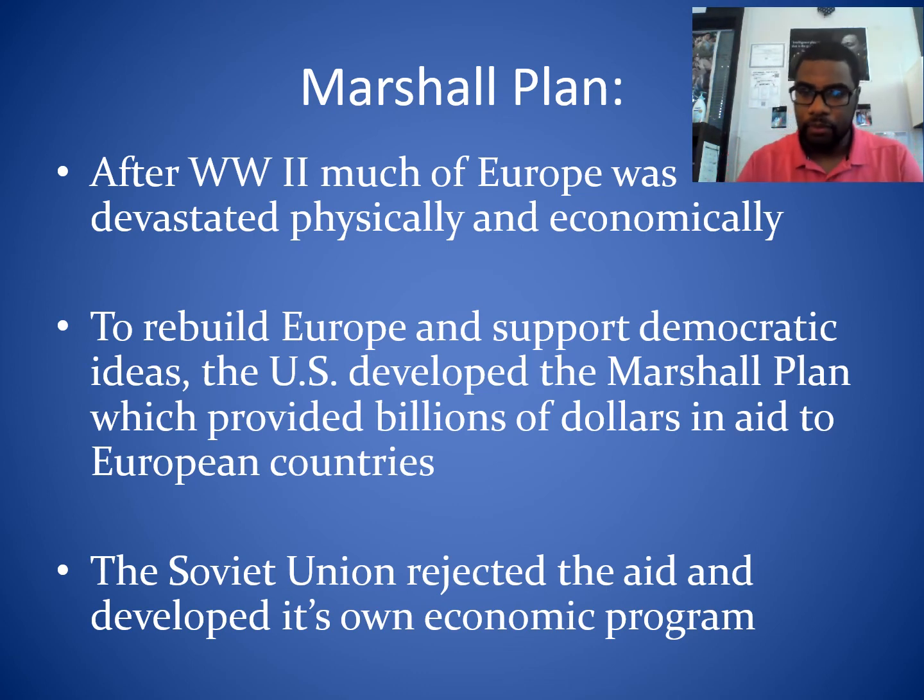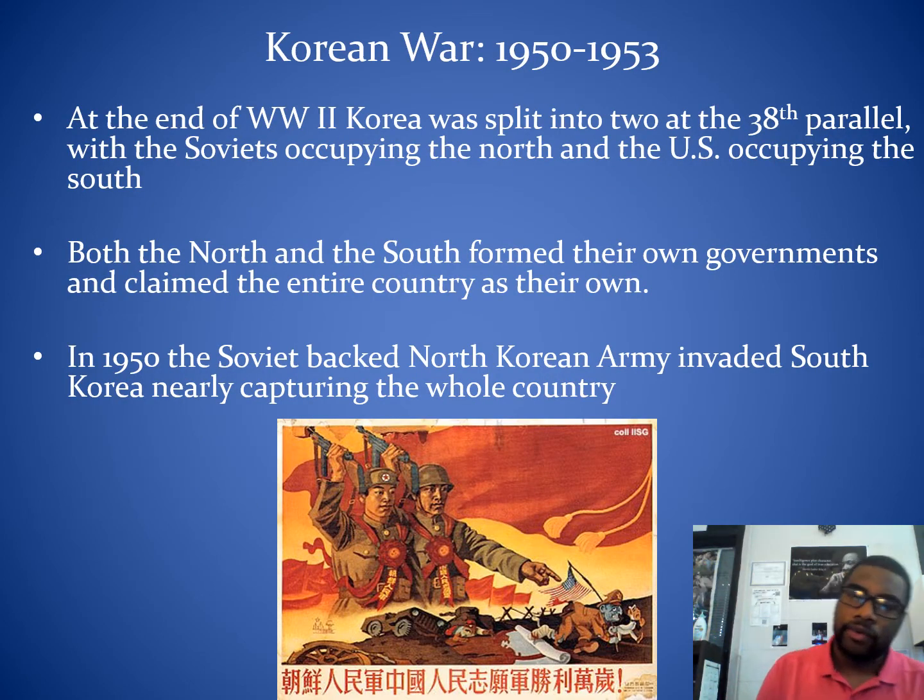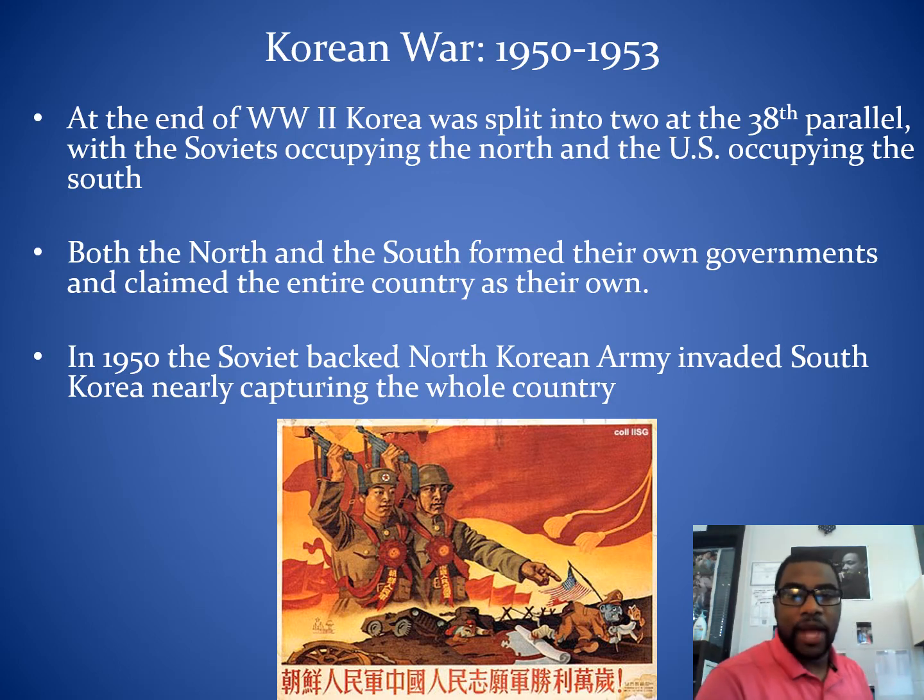The Korean War lasted from 1950 to 1953. At the end of World War II, Korea was split into two at the 38th parallel, with the Soviets occupying the north and the U.S. occupying the south.